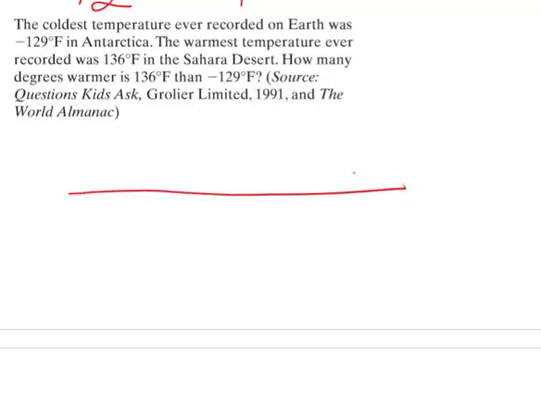So I'm going to draw a number line, and suppose here's 0, right? So negative 129 would be, say, over here. Here's my number, negative 129. And 136 would be over here. So it says, how many degrees warmer is 136 than negative 129? So essentially what we're trying to do is figure out how far it is from there to there.